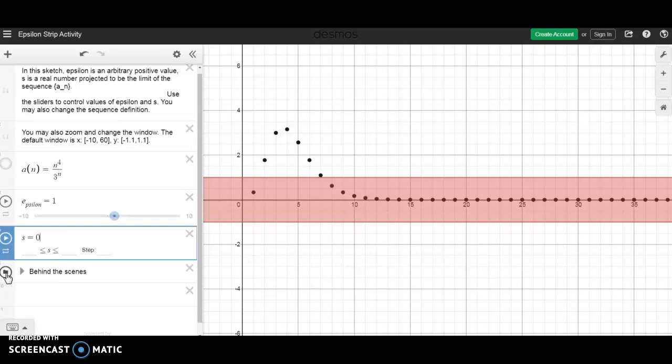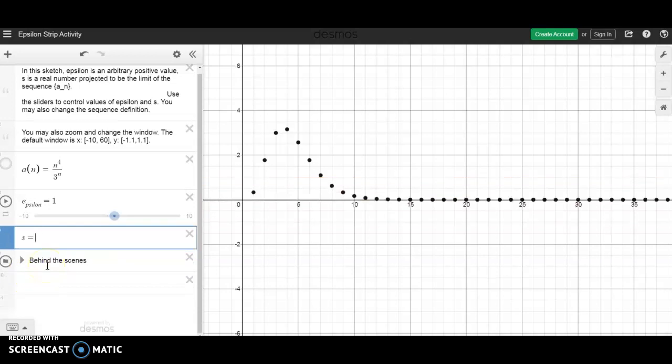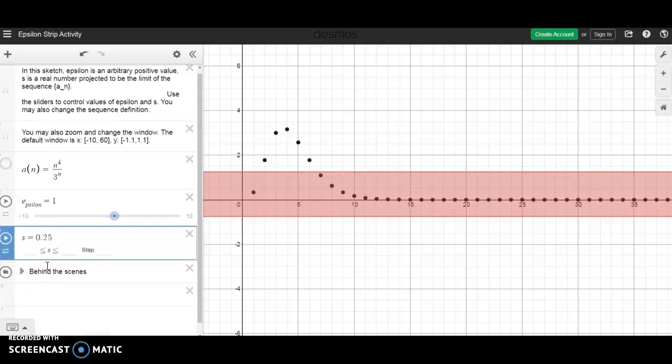Well, S equals 0.25. Let's change that to 0.25 now that I know what that is. S is the presumed point of convergence, and it says start with it at 0.25.